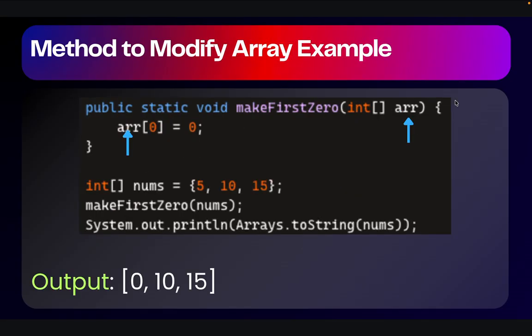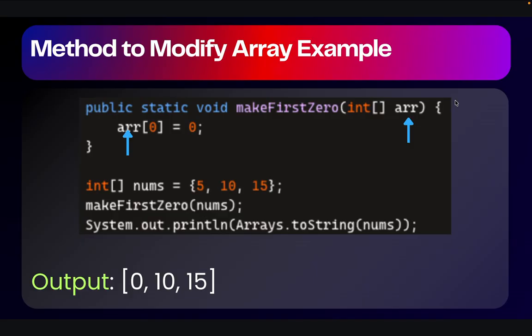Another thing you can do is use a method to modify the array. So same way you can pass in the array and then you can state, I want this index of the array to be this value. And you can see that in this makeFirstZero method example. We're basically changing the element at position 0 of the passed array.